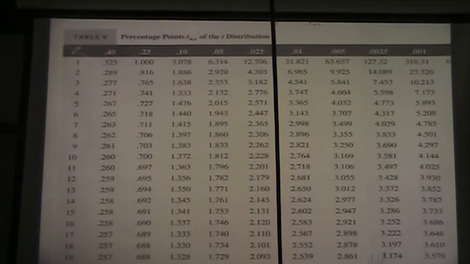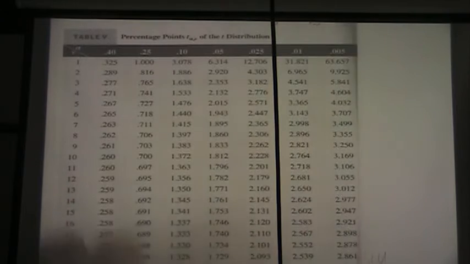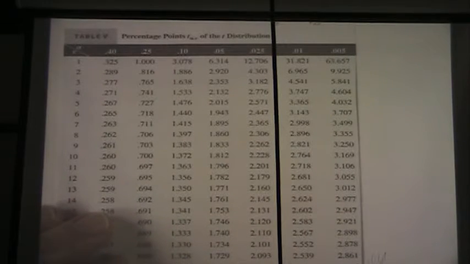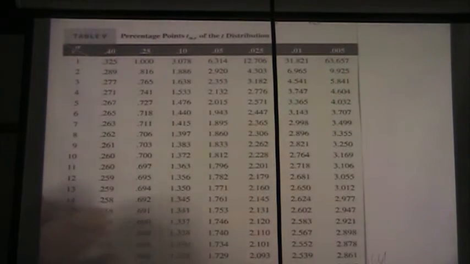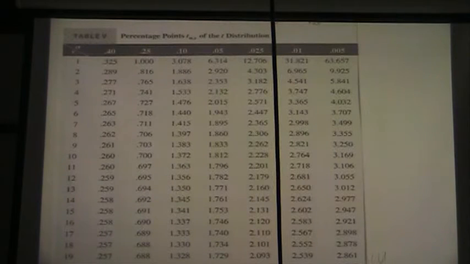Yeah, there you go. That's not too bad. All right, so I look for my 0.005, okay, and that is the column just to the left of my piece of paper there.